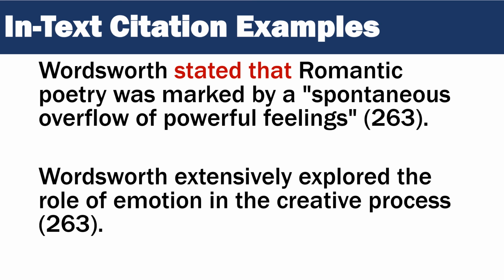You should always have a citation with a quotation, but you also need a citation when you paraphrase or summarize someone else's work. For example, Wordsworth extensively explored the role of emotion in the creative process (263). Again, you have the author and the page number listed, even though it is not a direct quote.